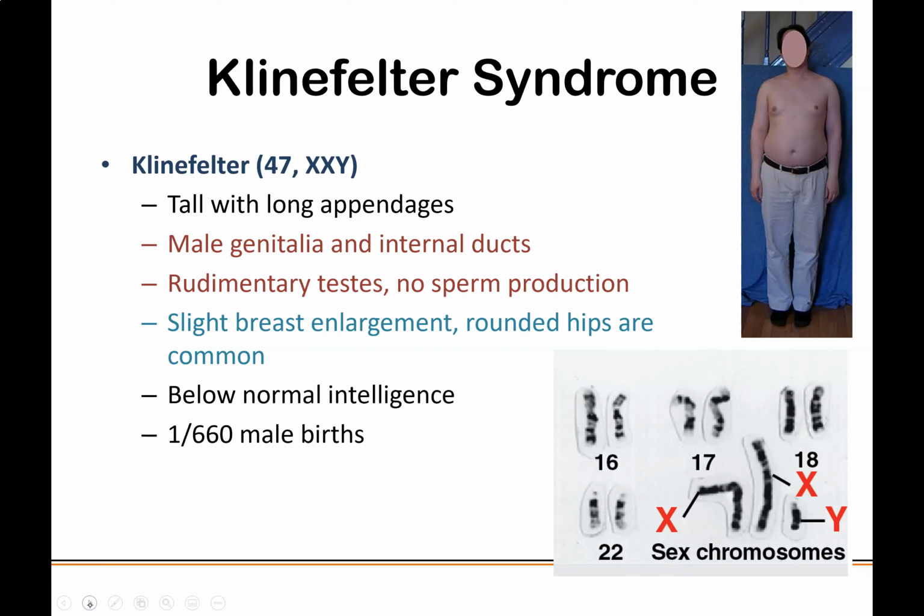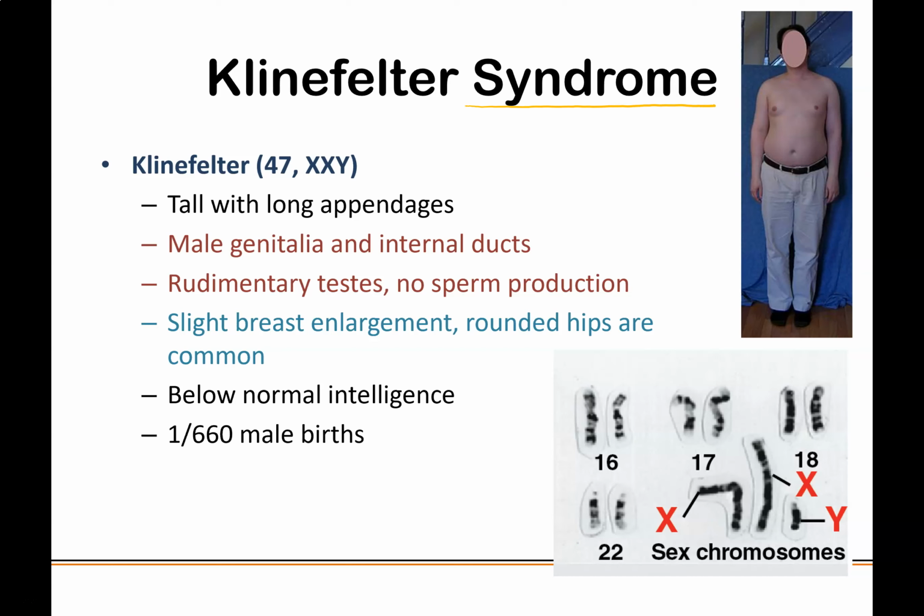So this is characterized by an extra X chromosome. And in this syndrome, remember, syndrome means a set of characteristics for a disease. Individuals tend to have some particular characteristics. So they tend to have longer than normal appendages. They have male genitalia because they do have that Y chromosome.